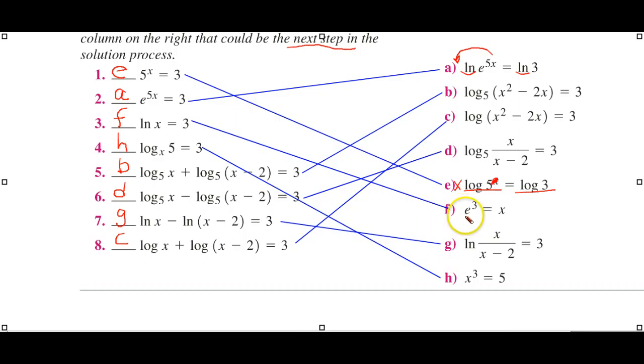Now if you put the natural log in your calculator, raise it to the 3rd power, that would give you what x is. In this one, let's take a look at it. Log base x of 5 equals 3. So just converting that from its logarithmic form to its exponential form.